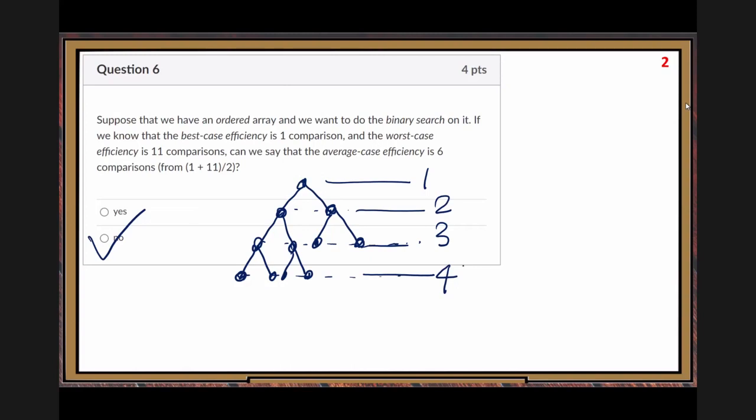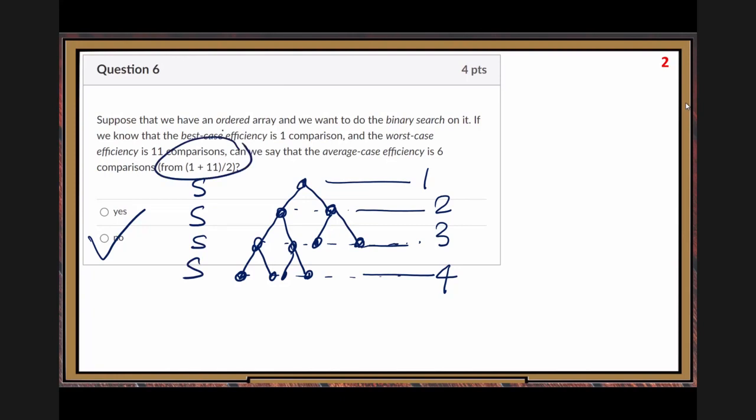But when you do average, you can see the number of nodes at each comparison count is different, right? Think about it: if the same number, then you can do that. Suppose all levels have S comparisons, then you can use this way.